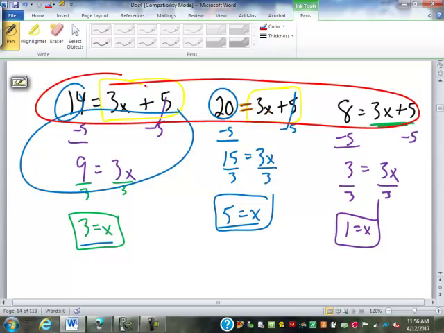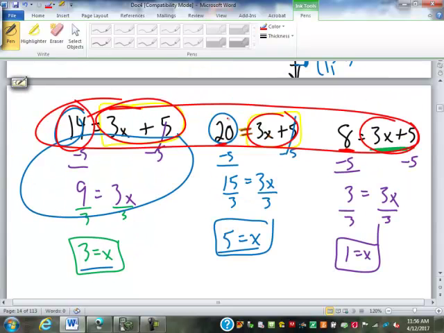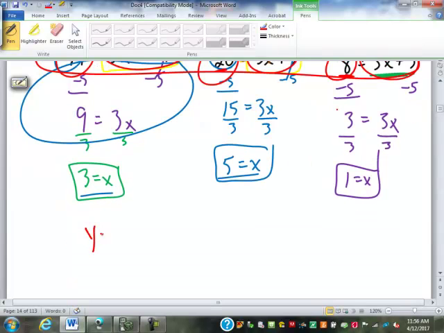They all have the same basic structure here around our variable. It's just the number on the other side of the equation is different. I can describe all of those equations and anything else that's in that same family by replacing this number here that changed with a second variable. So y equals 3x plus 5.